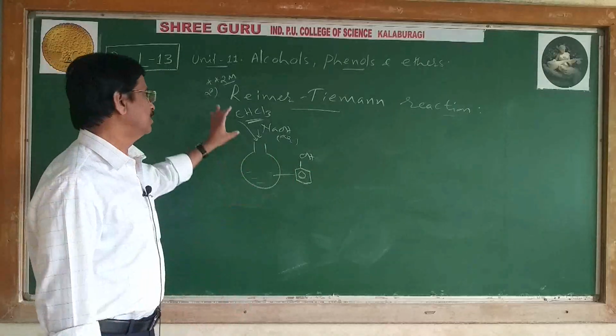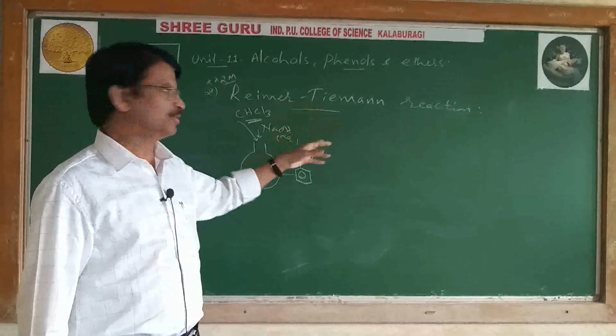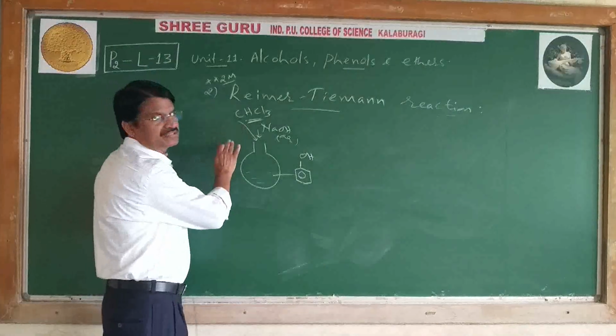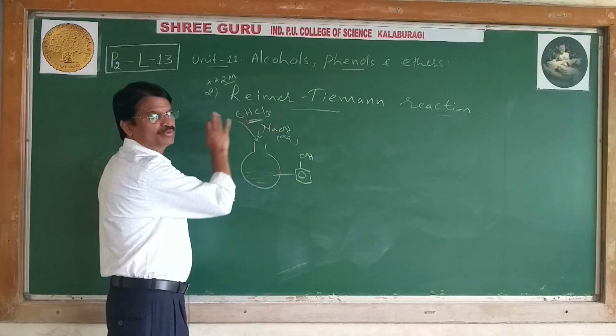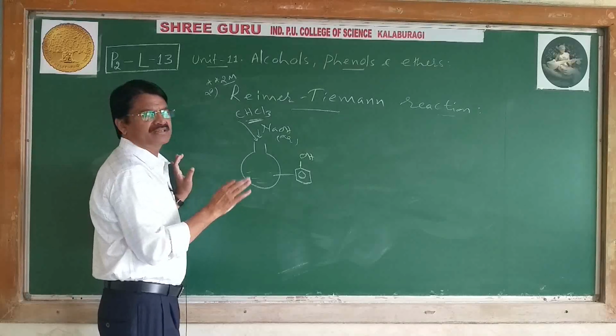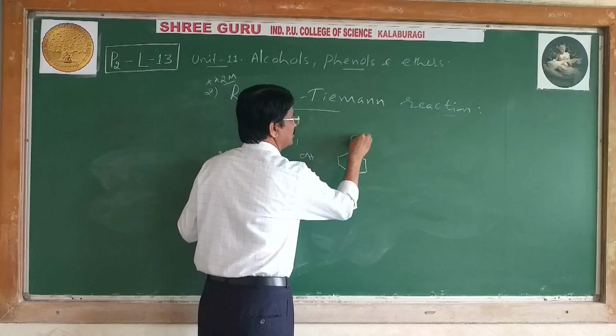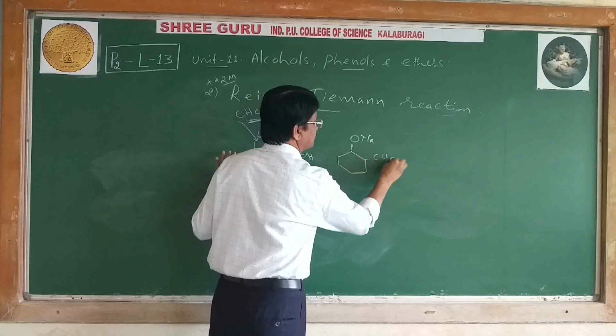First I will tell you how to convert phenol to salicylaldehyde by using chloroform. When you add phenol, NaOH and chloroform, at this stage we get the salt of salicylaldehyde.